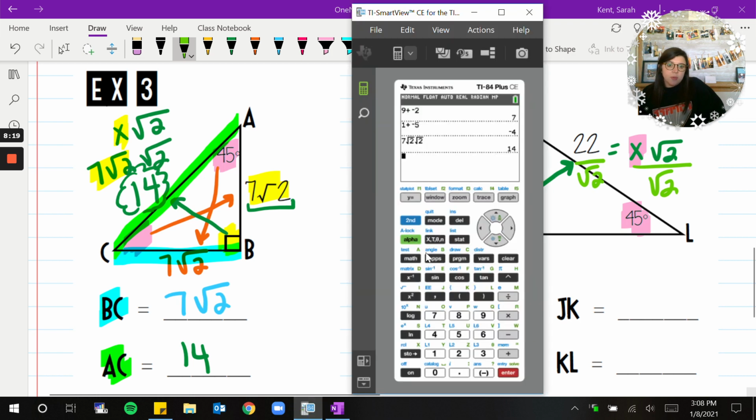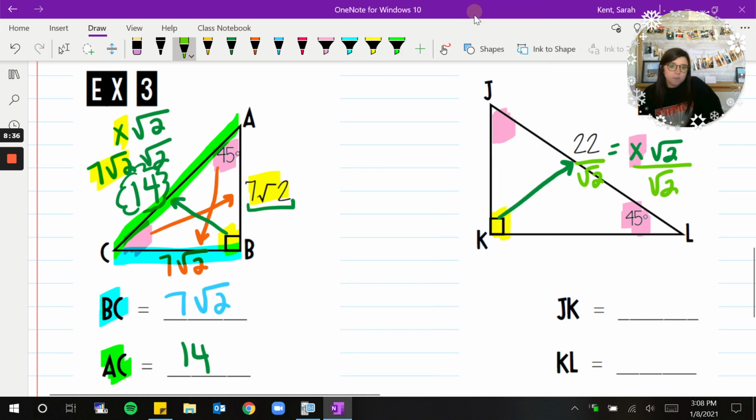Again, I can put this in my calculator. I can type in 22 divided by the square root of 2, and when I press enter, I'll get 15.55. So when I work this out, I find that x equals 15.5.